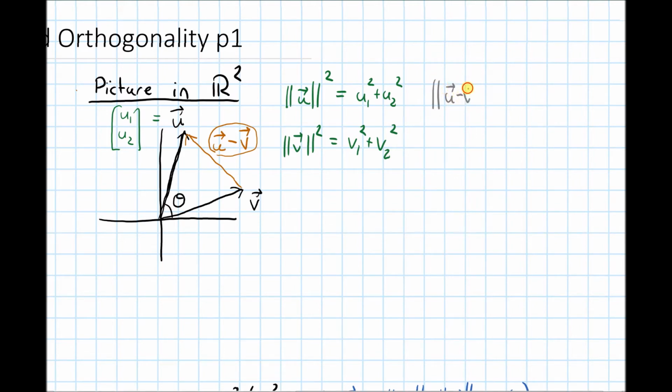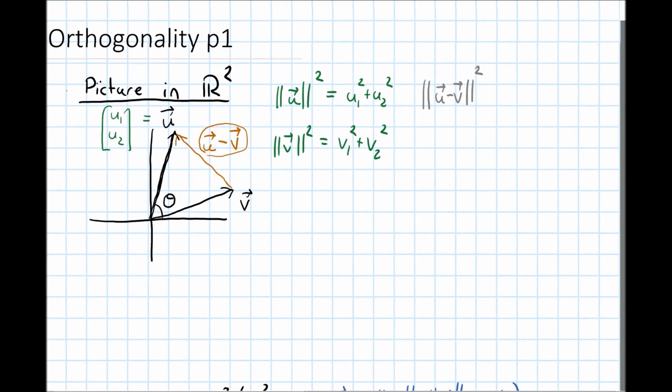Now let's also write the length of u minus v, and let's square that. For u minus v, I'd be using the distance formula to get this distance. So I would be subtracting the entries of u and v and doing the distance formula. That would give me u1 minus v1 squared plus u2 minus v2 squared. Again, this is just coming from the distance formula.